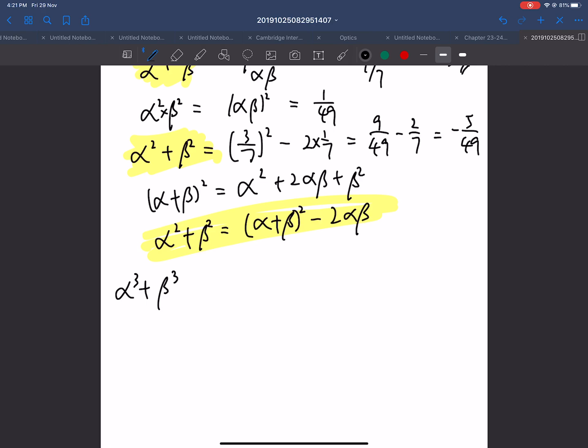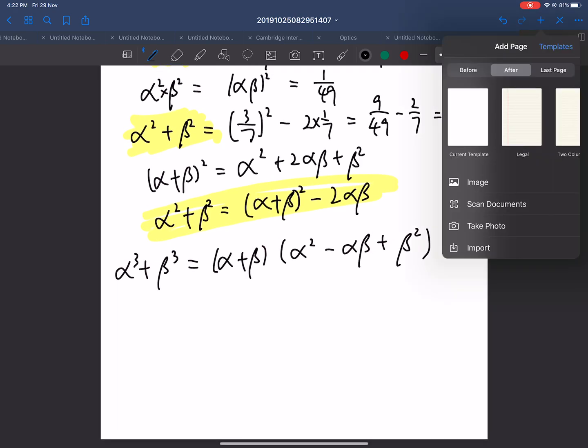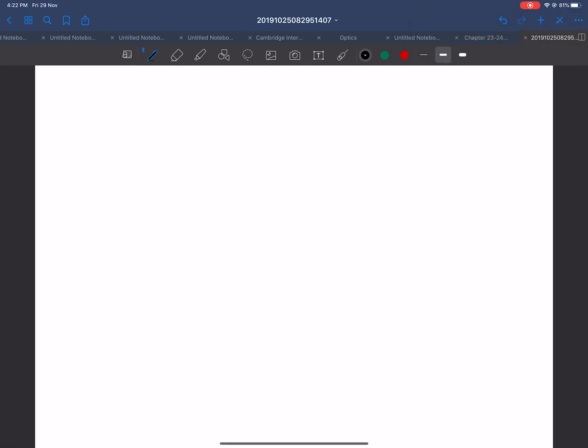First of all, do you know how to expand, how to factorize this one? A plus b, stuff like that. And then let's write these two identities down: a cube plus minus b cube.